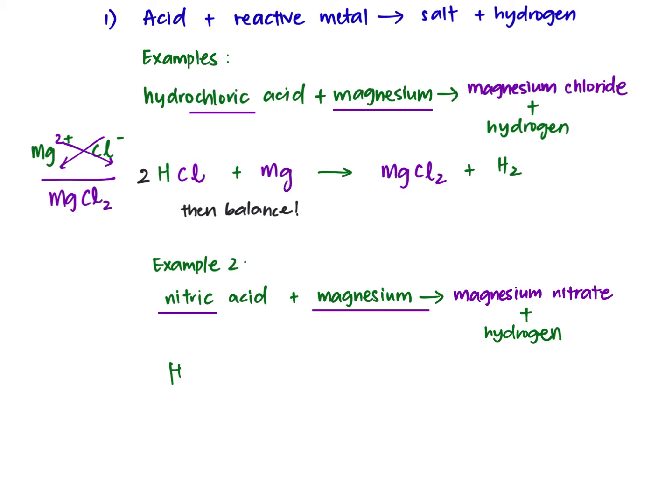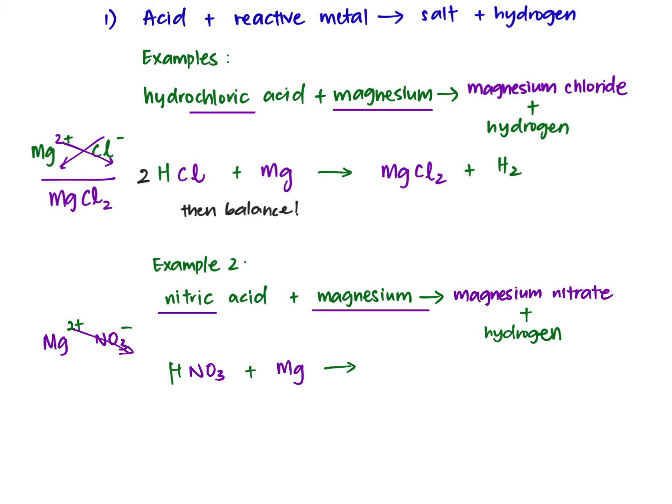So writing to the formula, nitric acid HNO3, which you need to memorize. Magnesium, you can check the periodic table as Mg. Now, working out the formula of magnesium nitrate. Magnesium is 2+, you can refer to the periodic table. And nitrate is NO3-, and this has to be memorized.